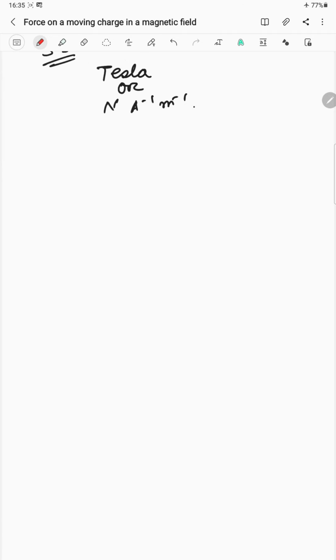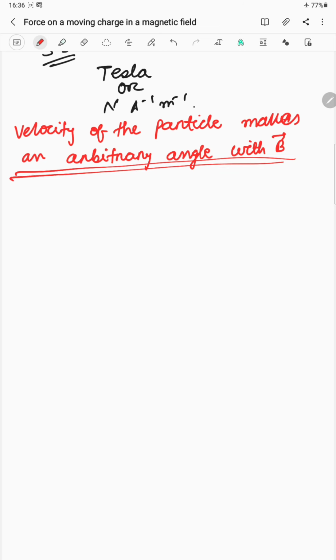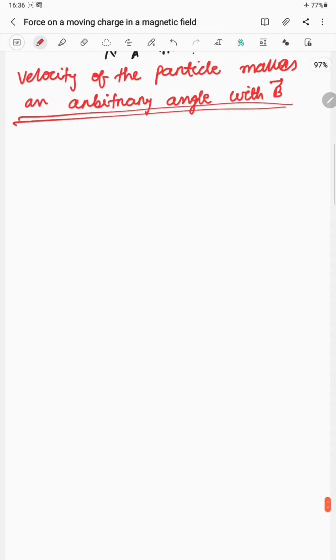It comes in a separate manner. As a 2 mark question it comes, that the velocity of the particle makes an arbitrary angle with the B vector, the magnetic field. Some arbitrary angle it will come. Okay, let's do that.